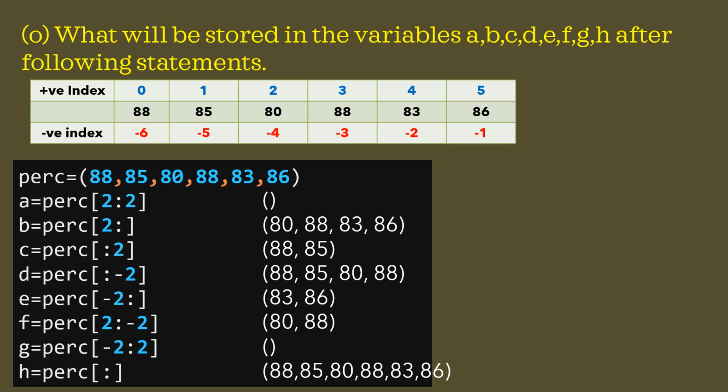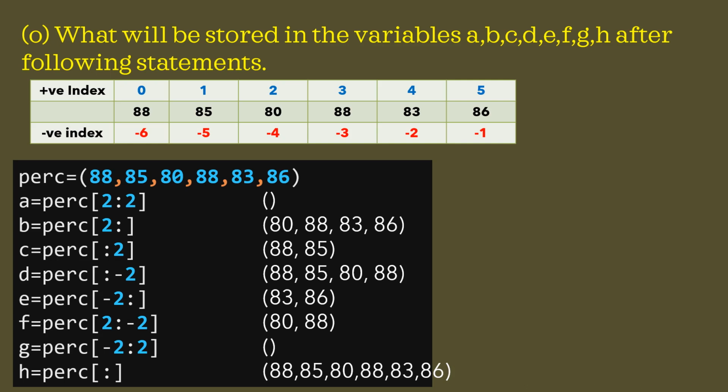That's it. And 83 will not be printed because it has to stop there. Now next one is E is equal to pers of minus 2 colon. The elements which are present at index number minus 2 till the rest of the tuple. So the minus 2 value is 83, after that 86 is there. So these two values will be printed.